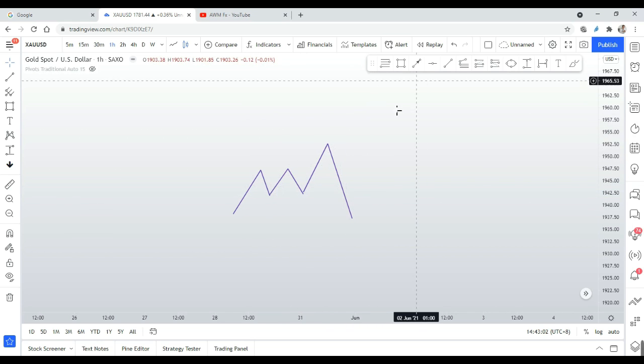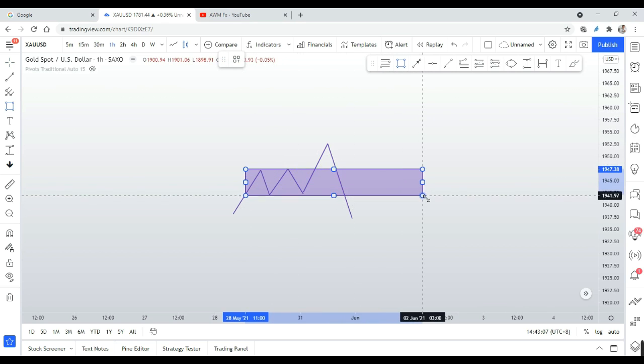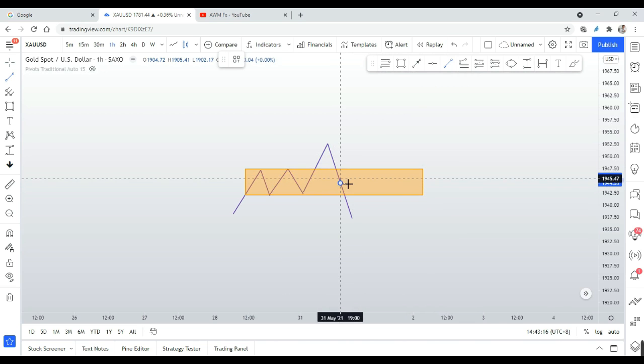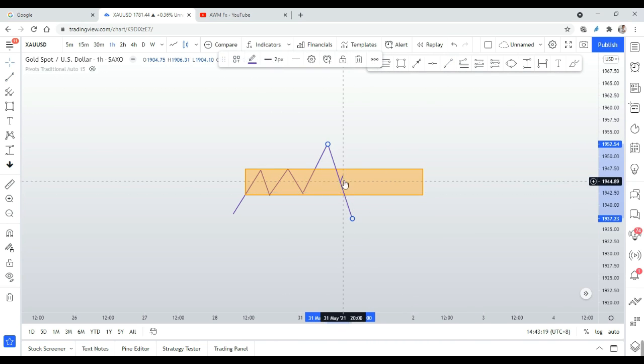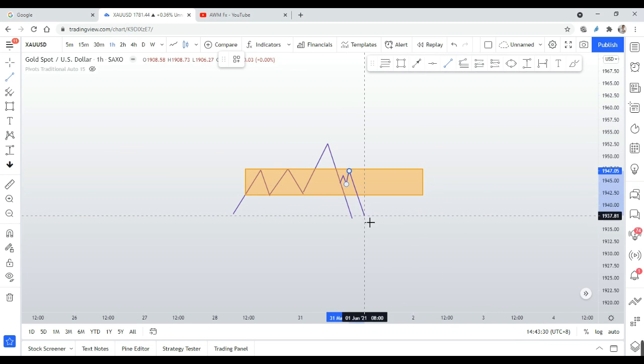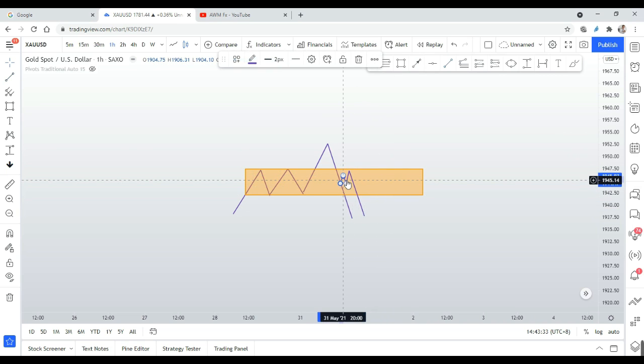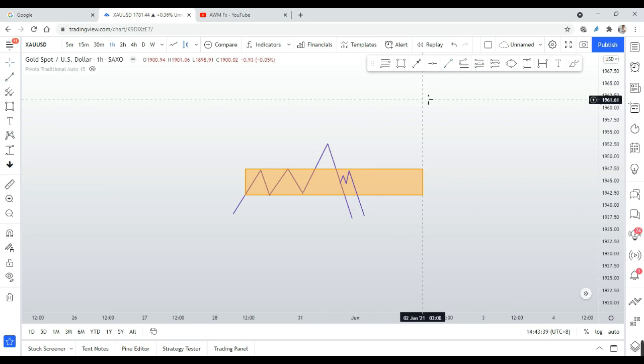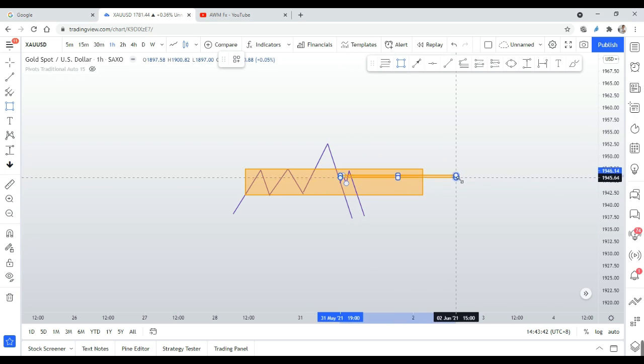What happens is that when the price breaks this area, let's change it to another color, when the price breaks this area, you look for another small movement over here, that spike up before it drops in the lower time frame. In this movement, this will be my perfect QML.